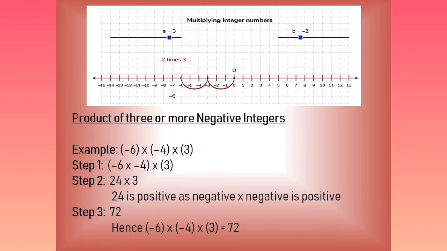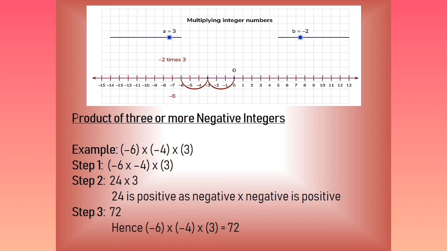Product of three or more negative integers. Example, when the product of three integers is given, -6 × -4 × 3, we follow the steps. Step 1. We multiply the first two integers, -6 × -4, and then multiply it with the third integer.